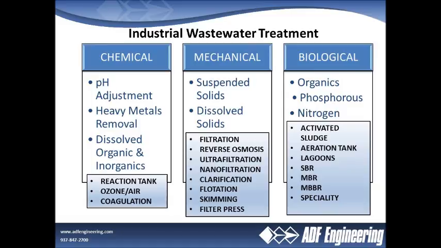So chemical means might be you're adjusting pH or removing heavy metals through precipitation, or you might be oxidizing your organics and inorganics in water, and down below again are the equipment and treatment technologies that you'll use for that. Mechanical means is your filtration, removing suspended solids. Sometimes you use membrane systems to remove dissolved solids. And biological processes are when you use bugs and associated technologies to break down organics through biological processes.